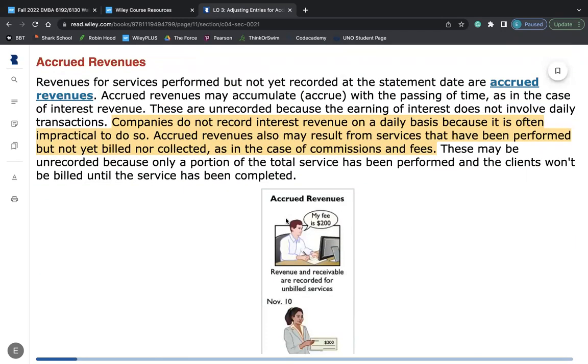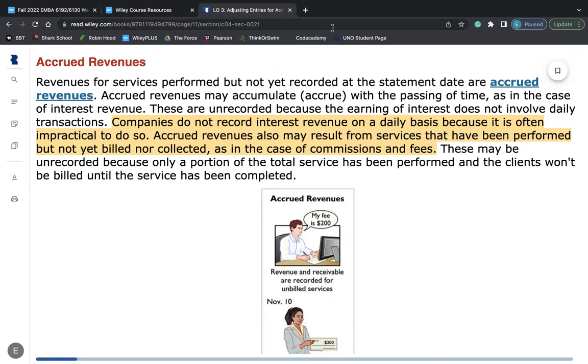Accrued revenues. Revenues for services performed but not yet recorded are accrued revenues. Accrued revenues may accumulate or accrue with the passing of time, as in the case of interest revenue. These are unrecorded because the earning of interest does not involve daily transactions.